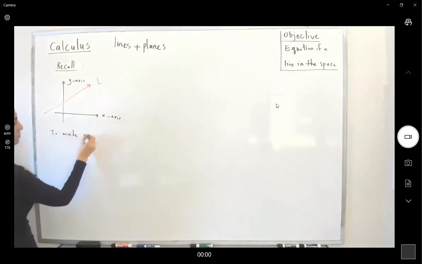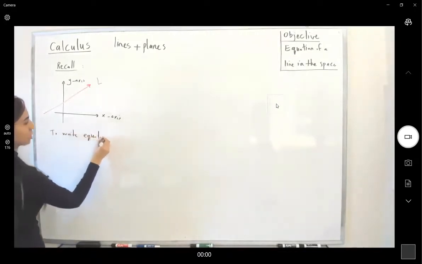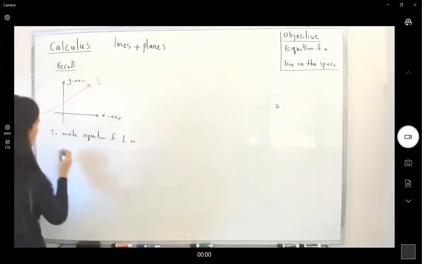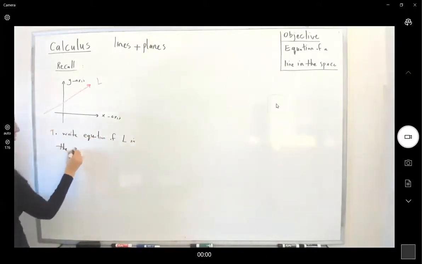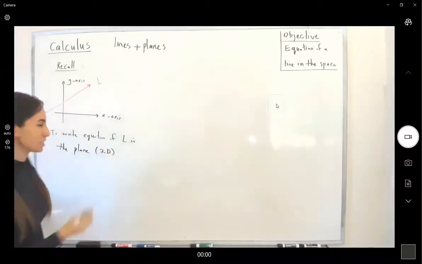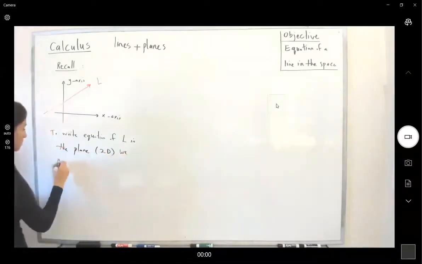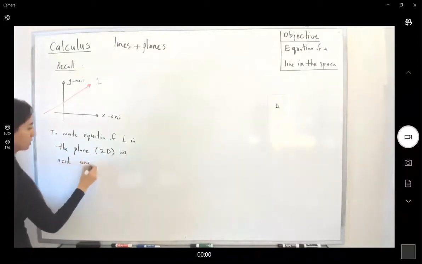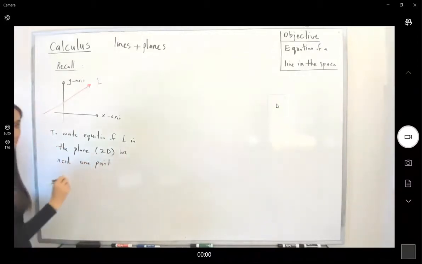To write the equation of L in the plane, or 2D, two-dimensional space, we need 1 point.